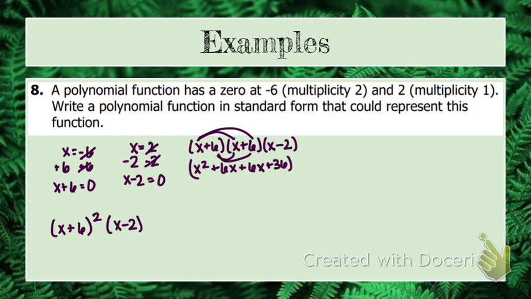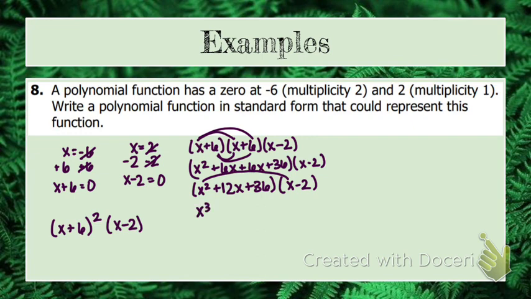And all of this gets multiplied by x minus 2. But we're going to simplify this first so we don't have as many terms to multiply. So we can combine like terms to get x squared plus 12x plus 36 times x minus 2. So now we're going to distribute each individual term and combine like terms.